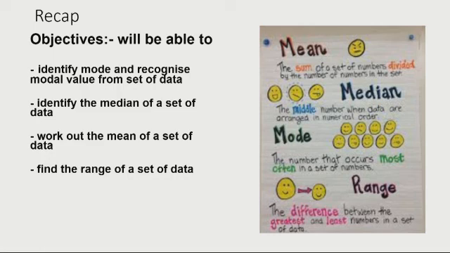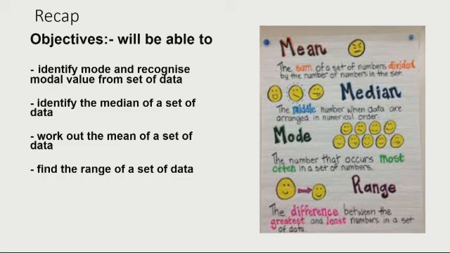And I've got a little cartoon there for you, sort of a poster. You can see that person with that mean face, meaning you need to do the sum or the total, yeah? Okay, and then divide it because you share the equal distribution.